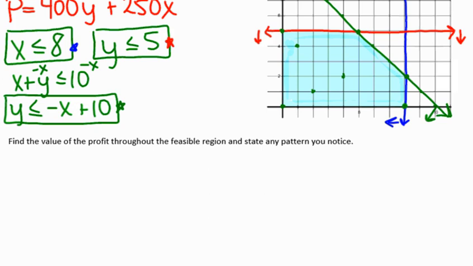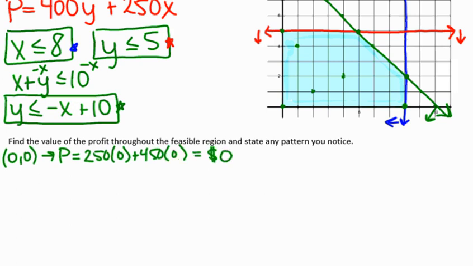So our first point was 0 and 0. If I put that into P equals 250 times 0 plus 450 times 0, the amount of profit I'm going to make is 0, which makes sense, right? If I'm going to paint 0 cars and 0 trucks, I'm probably going to make $0 as well if I'm not going to do any work. Trying 0 and 5.